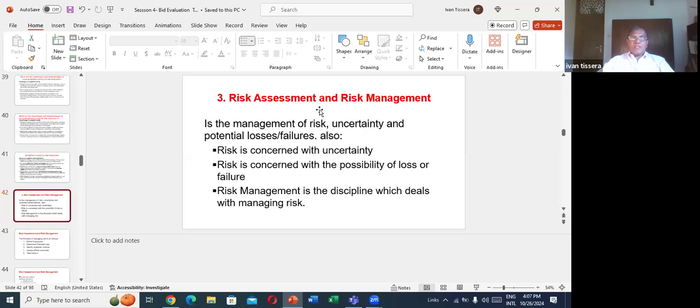Third tool, risk assessment and risk management. I mean, this is a new area. When you evaluate bids, you must consider the procurement risk. Procurement risks basically up to contract award, and after contract award, contract implementation also, there will be some risk, right?